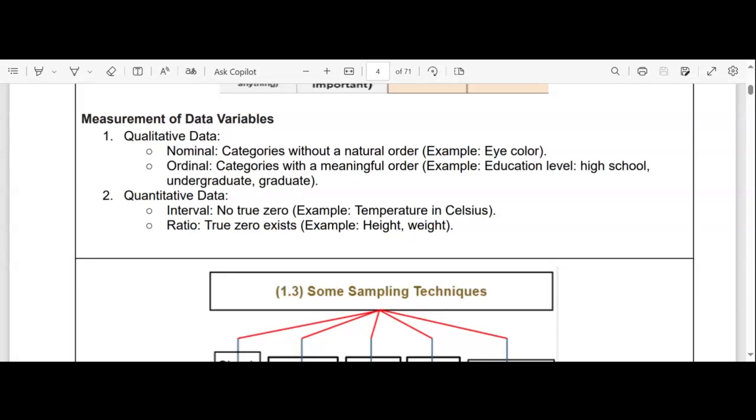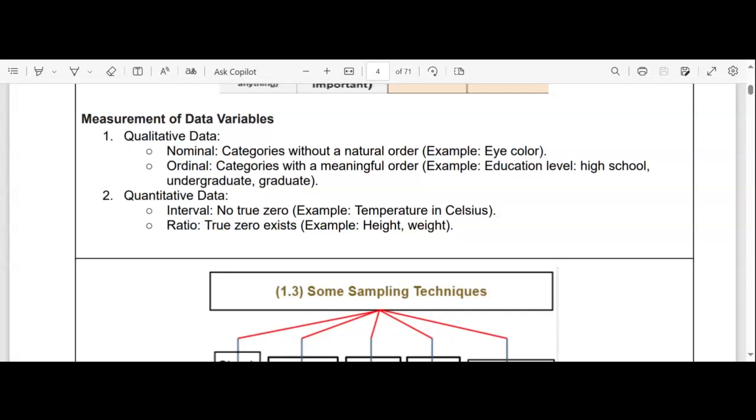Like, for example, if I say, how old are you? Is it going to be interval or ratio? Ratio, because I can say your age is 22.5. So interval and ratio.